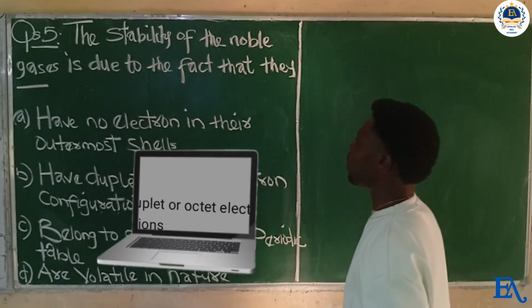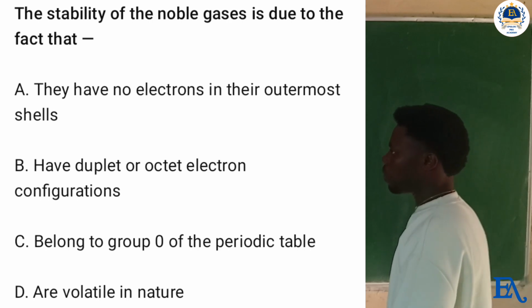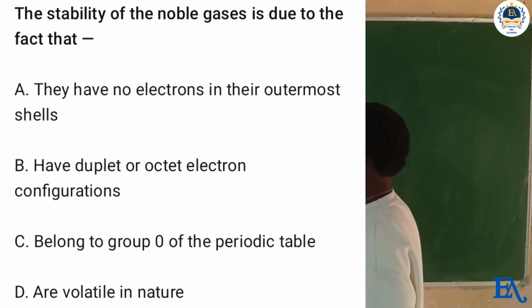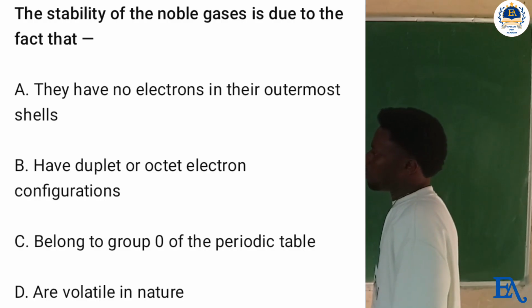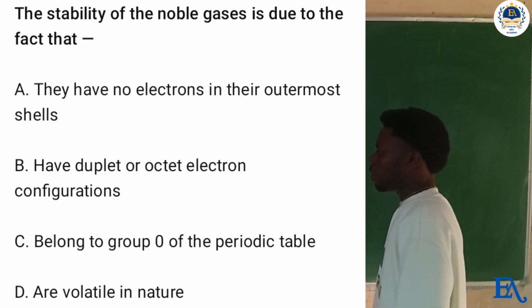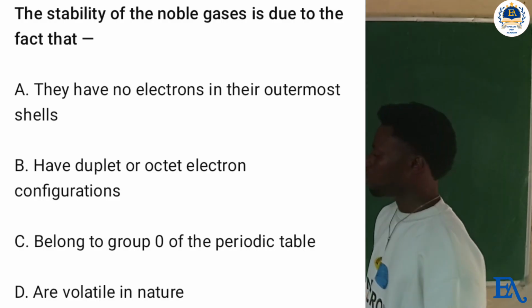Question number 5. The stability of the noble gases is due to the fact that they dash. Option A, have no electron in their outermost shell. Option B, have duplet or octet electron configuration. Option C, belong to group 0 of the periodic table.